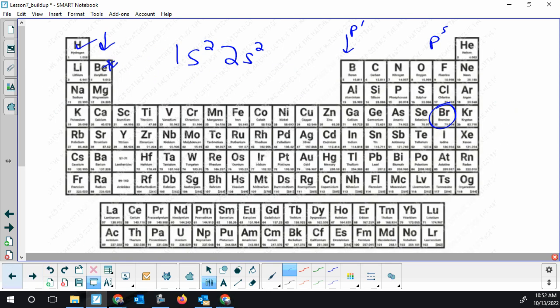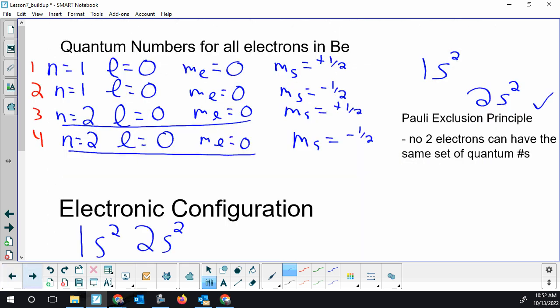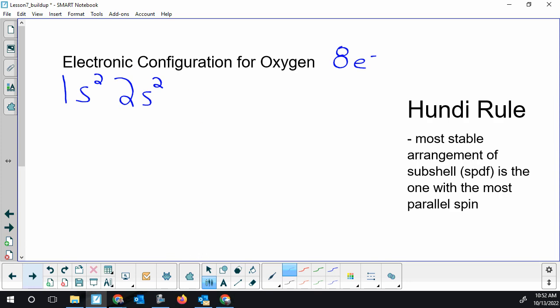So we did 1s. We just did 2s. And now we're starting into that 2p block. We're into p orbitals, and there's 3 of them. And they can each hold 2 electrons. So 2p, we can put 6 in it. But 6 would fill the whole thing. How many more do we need? We want 8 for oxygen.